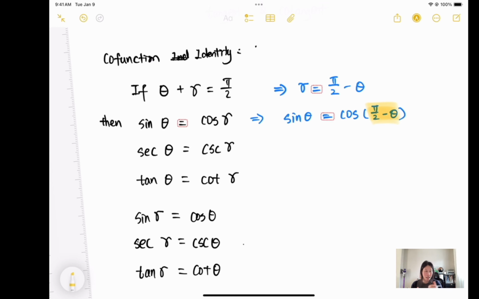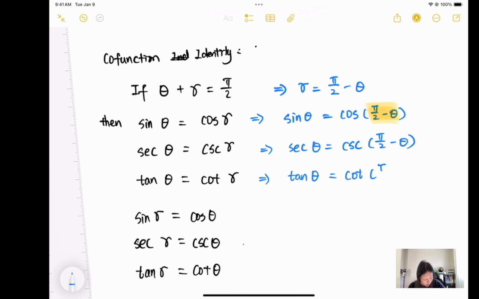Gamma and theta are complementary. Similarly, secant theta is equal to cosecant of pi half minus theta, and tangent theta is equal to cotangent of pi half minus theta. So here are some identities of the cofunctions.